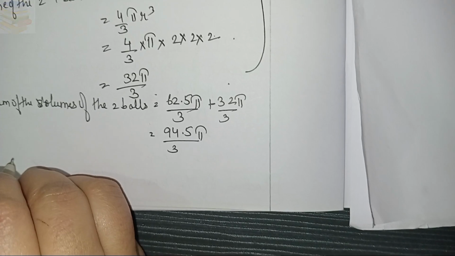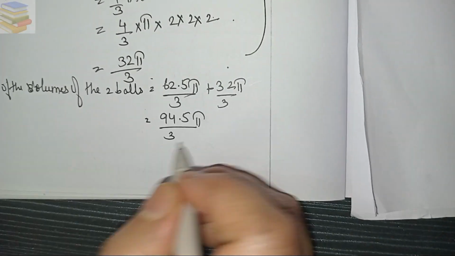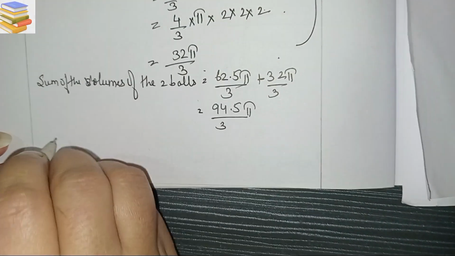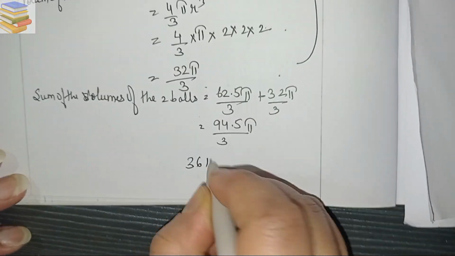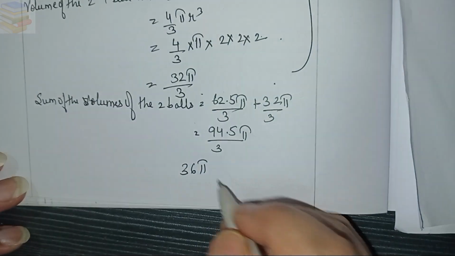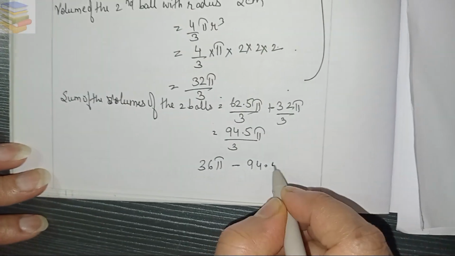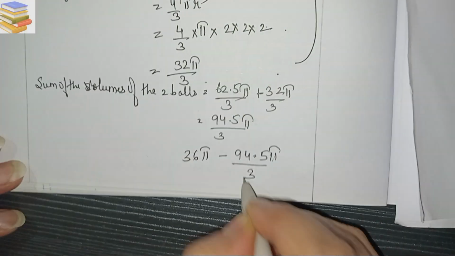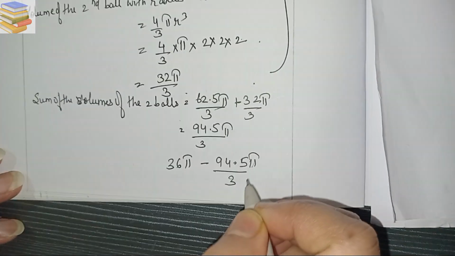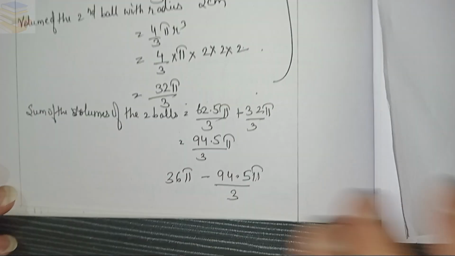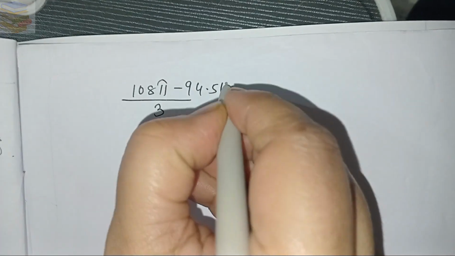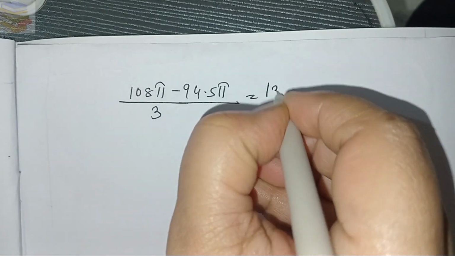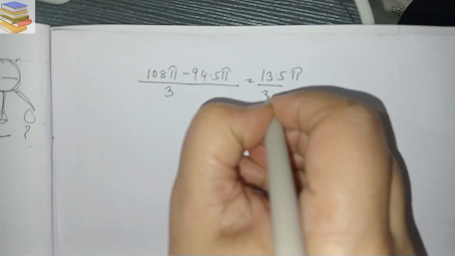So what we do is, this is the sum of the volumes of two spheres, right? We'll subtract from 36 pi, that is the volume of the bigger sphere, 94.5 pi over 3, for the simple reason that we are supposed to find it. We'll take LCM as 3, 36 pi will become 108 pi minus 94.5 pi will give you 13.5 pi over 3.